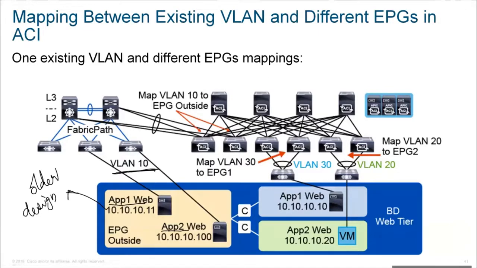You don't want two different applications in the same EPG. That's really not what Cisco intended. So you see what they've done? They've gone ahead and said, any other servers which move here, these are being mapped to VLAN 30, the application servers of app 1, and the servers of app 2 are being mapped to VLAN 20.